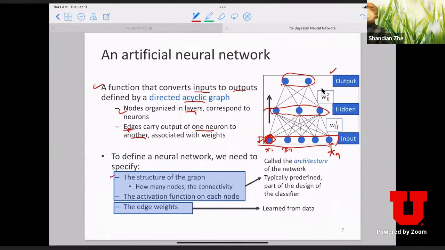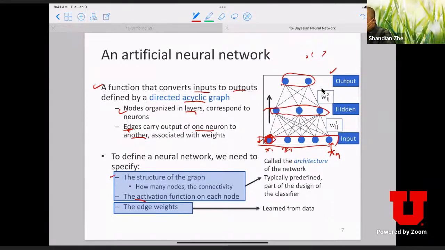But there are other ways to connect the neurons across layers. You also need to determine the activation function on each node, meaning that when I do some linear transformation through the edge weights, I then perform some nonlinear activation function, and use that as the input to the next layer. We're going to talk about them in a minute.